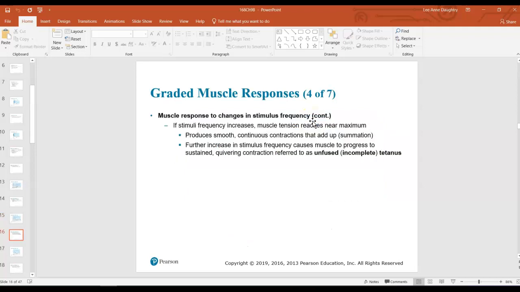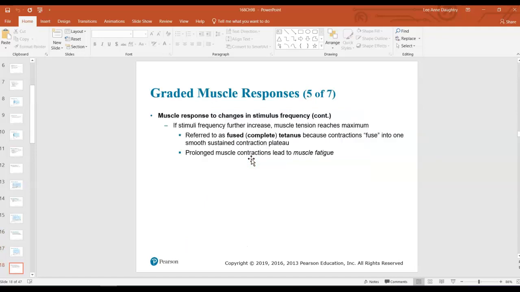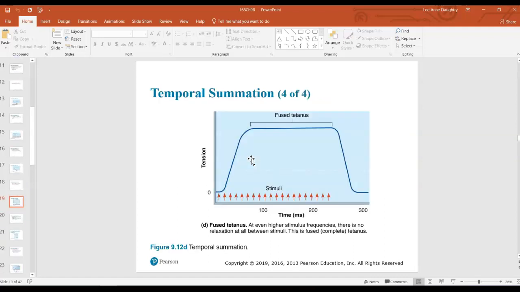But that can lead to a fusion of the twitches. This is unfused, but whenever the twitches fuse, there is no relaxation period in between twitches. And so when that happens, we call it fused tetanus.